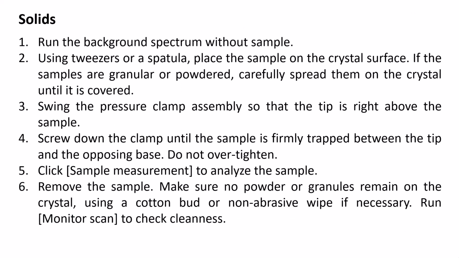Now, if your sample is a solid, we've talked about how to prepare your solid samples. You of course run the background spectrum without the sample to make sure that anything you are reading is not a result of the background noise, but just your sample. After running your background spectrum, you subtract that background spectrum from the one you ran when your sample is added.